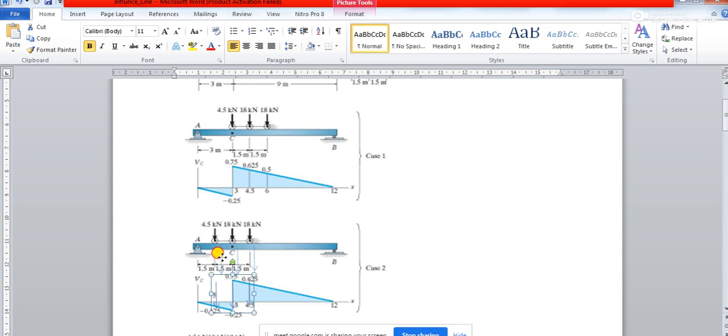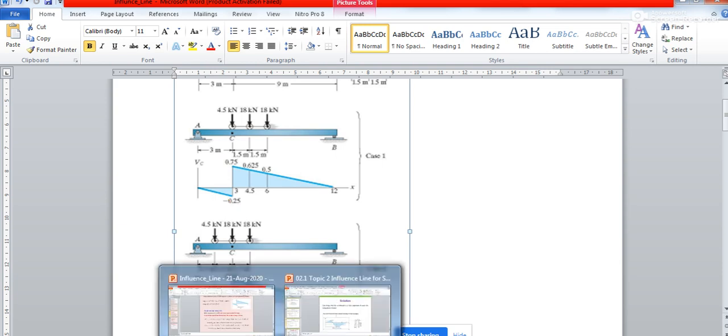At the case 1 position the load was here, and at the case 2 position this 4.5 kilonewton load has dropped by this much amount, and then it has moved up a positive slope by this much amount. So this 4.5 kilonewton load will first drop by an amount which is 0.75 plus 0.25. When it is dropping down, it will be considered negative.